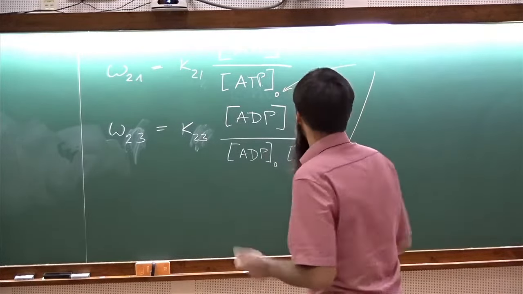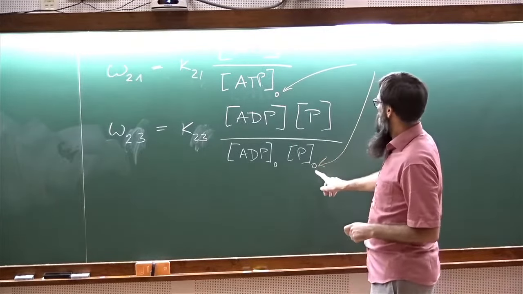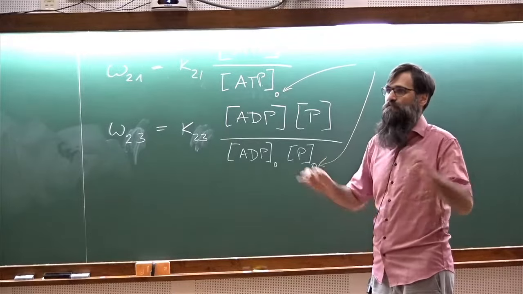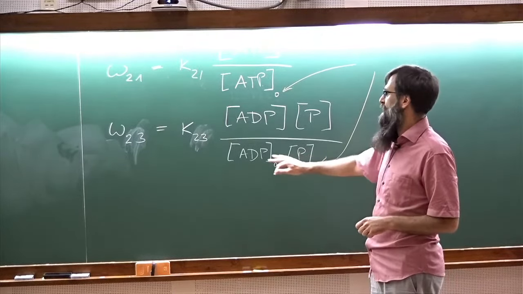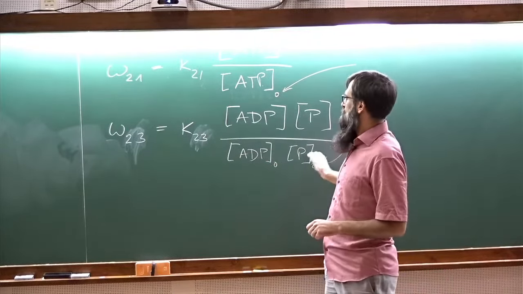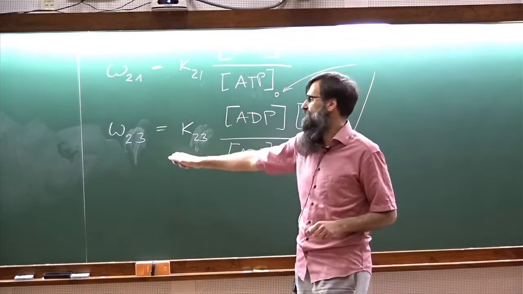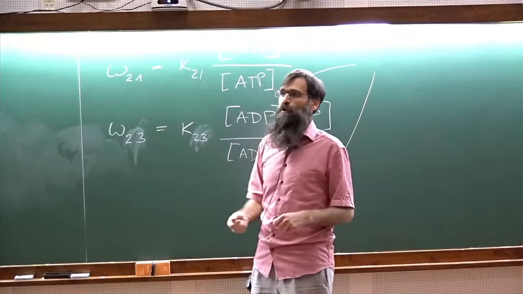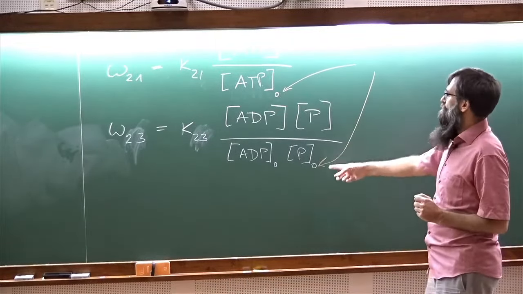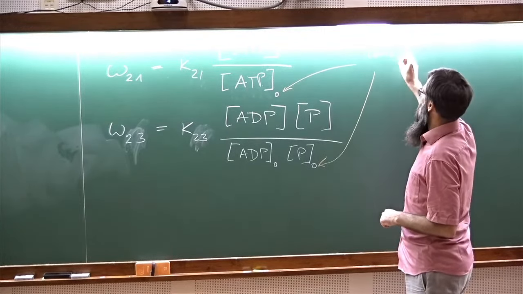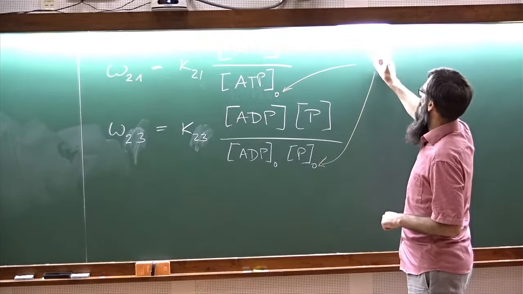No. So the one more thing that I want to do is say these reference concentrations, which could be anything, are just there to make this dimensionless, and then the kappa in front has the same units as the omega, 1 over time. But what will be convenient is that I choose these as the concentrations in a chemical equilibrium.